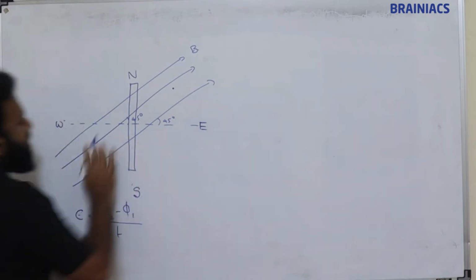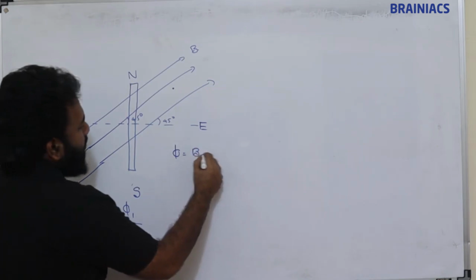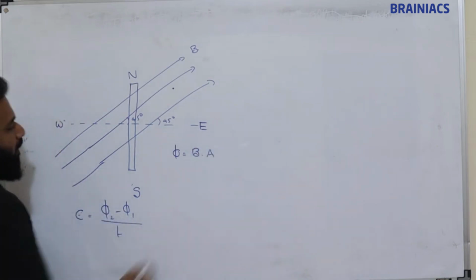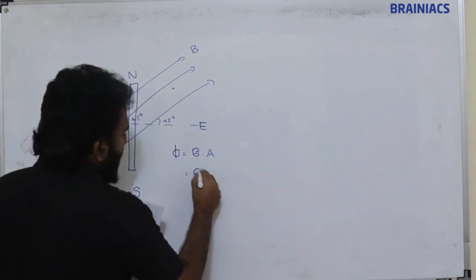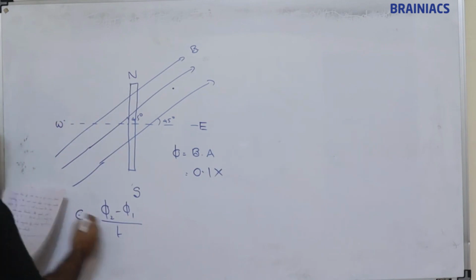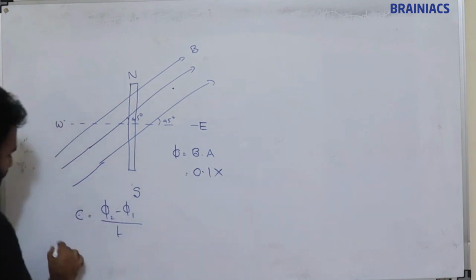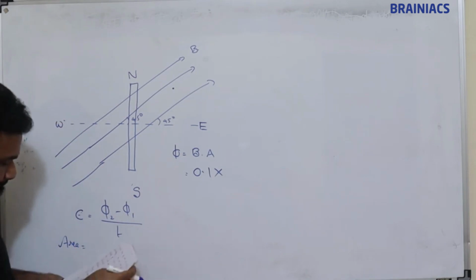What is phi 1? Phi 1 is B dot A. The magnetic field is given as 0.1, and the side is given as 10 centimeter.